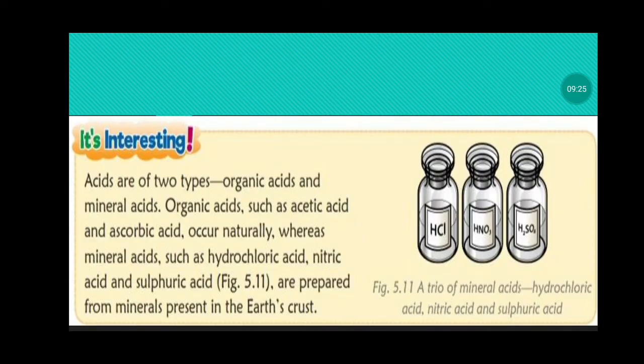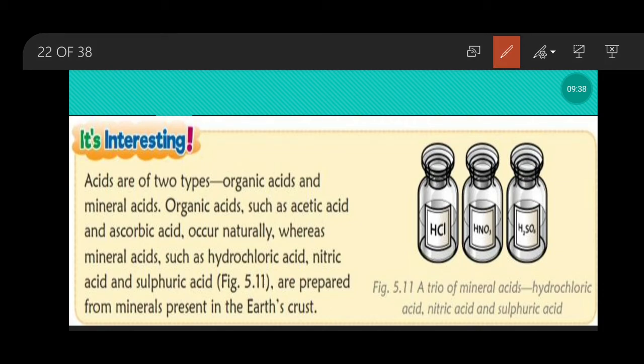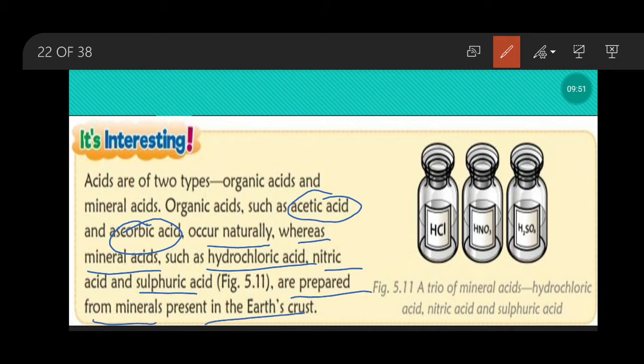Now it's interesting to know that acids are of 2 types, organic acids and mineral acids. Organic acids such as acetic acid and ascorbic acid occur naturally, whereas mineral acids such as hydrochloric acid, nitric acid and sulfuric acid are prepared from minerals present in the earth's crust.